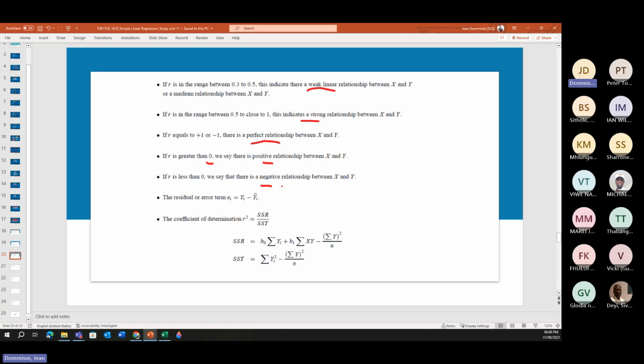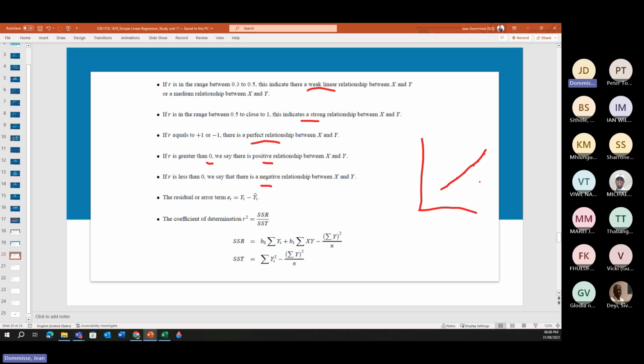Anything above 0.5 is a strong relationship. If it is exactly 1 or -1, it's a perfect relationship. So a perfect relationship will be that your dots are actually on that straight line. That will be a perfect relationship.